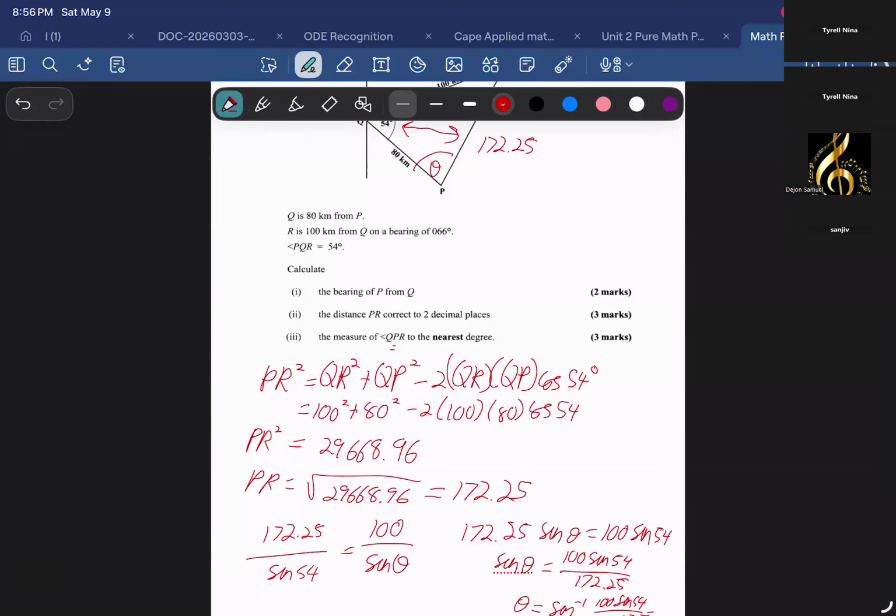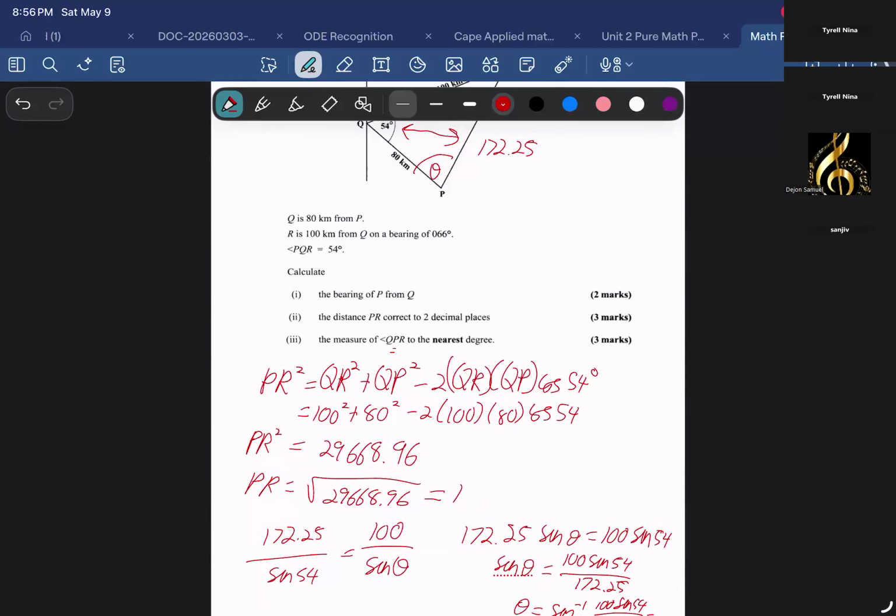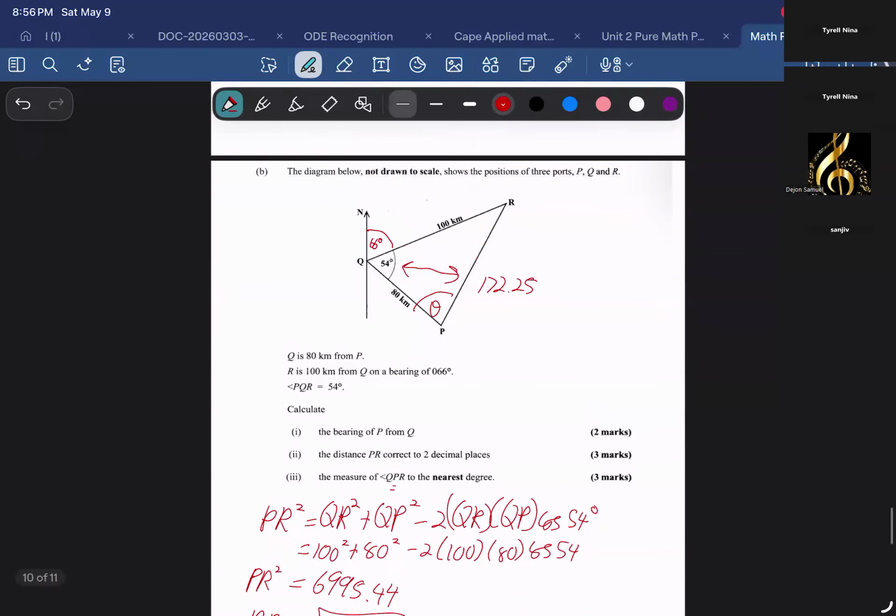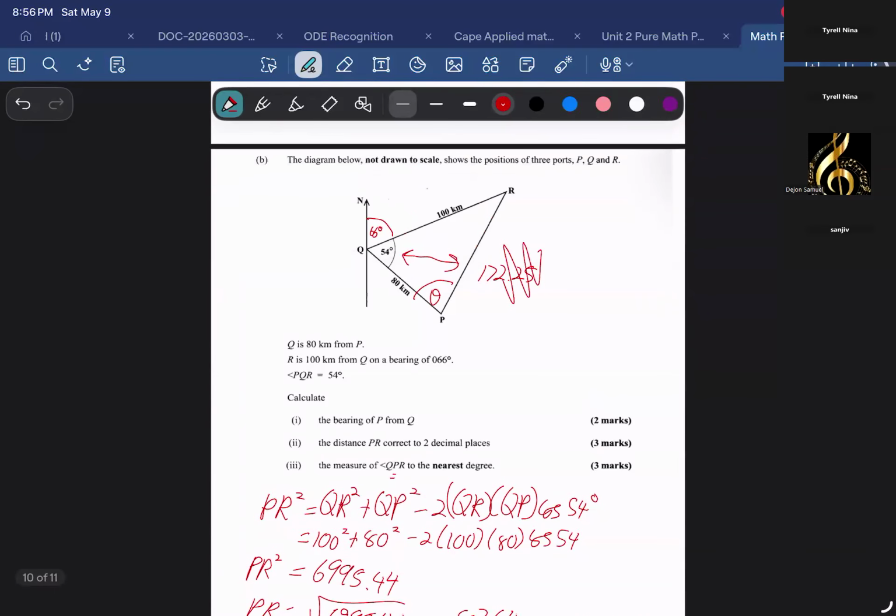Right? And look, I made the same mistake as this Aaron fellow, because this actually here is 83.64. I was waiting for somebody to tell me that I worked in radians, you know. Nobody ever does that. So this is actually 6995.44, and I could tell that was wrong because it's way beyond these values here.